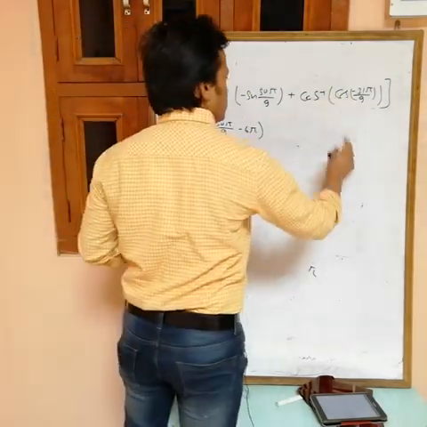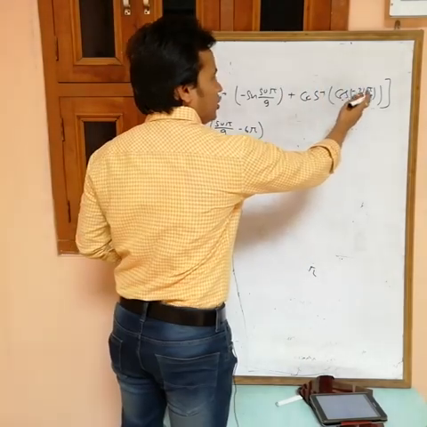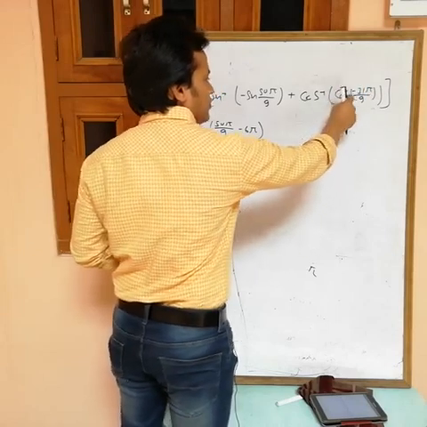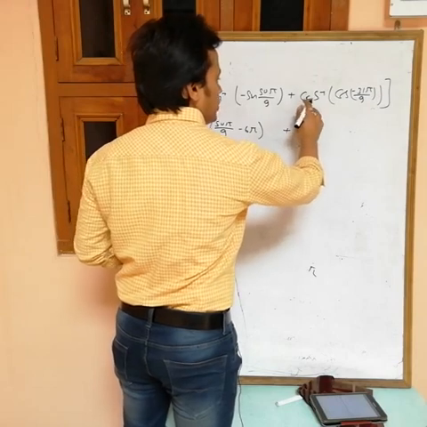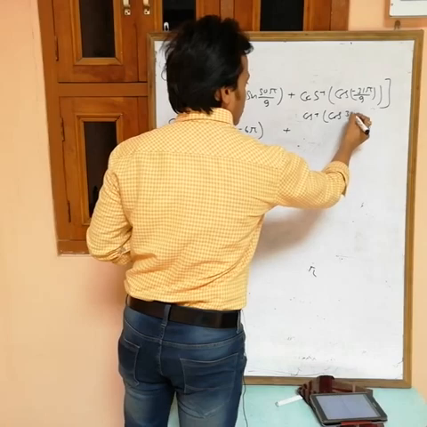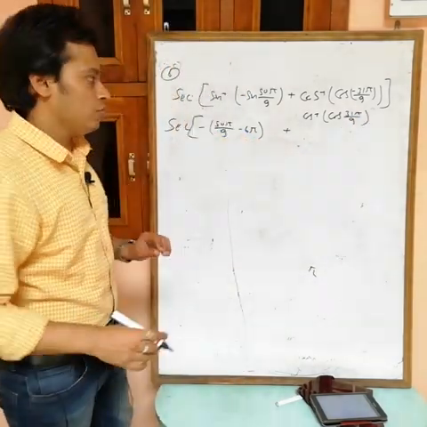Now cos inverse cos x. Cos of minus theta can be written as cos theta, so there is no need to write the minus; we can neglect it. So cos inverse cos of minus x can be written as cos inverse cos x. So this can be written as cos inverse cos 31 pi by 9, because cos minus theta equals cos theta.